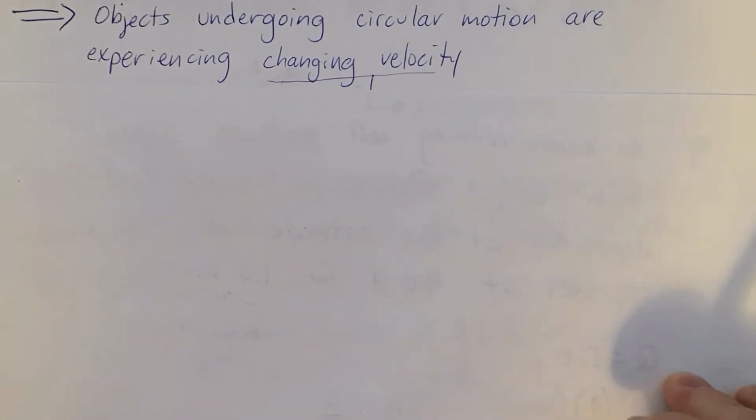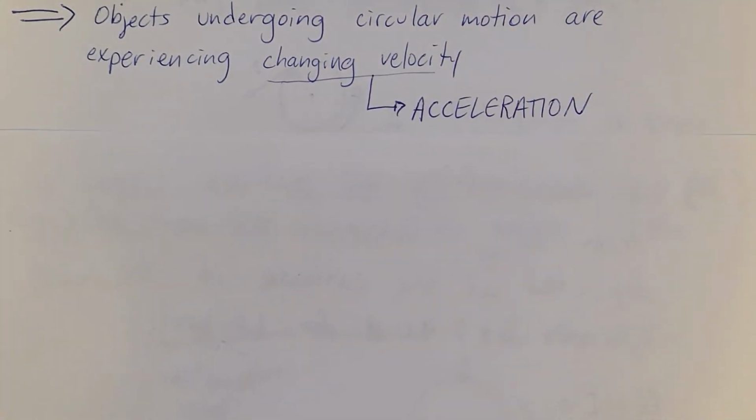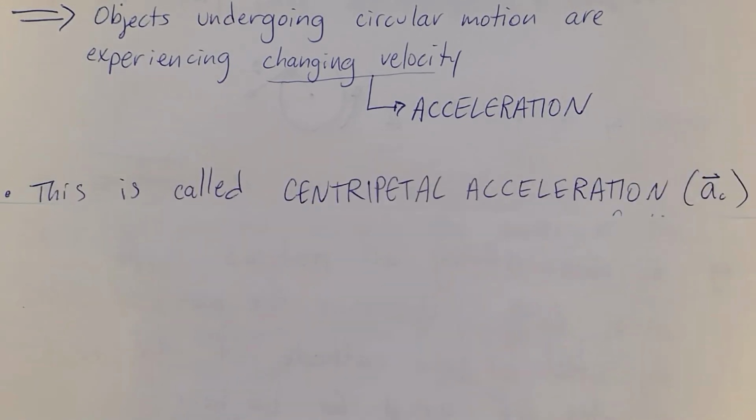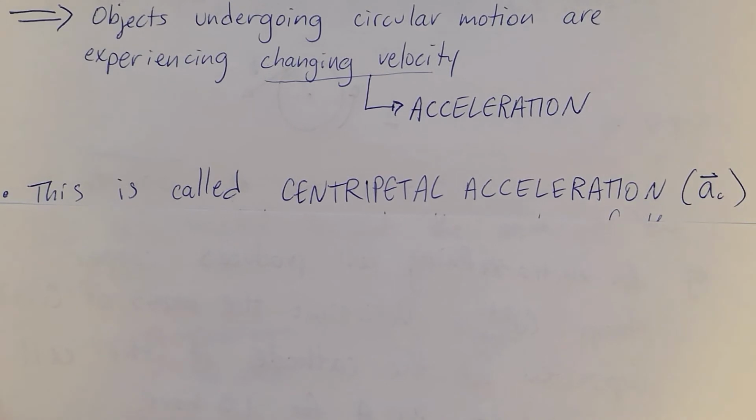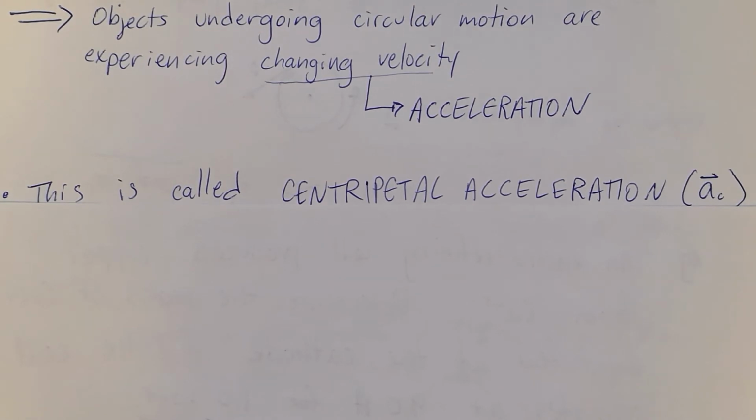Now we have a fancy word for that. Changing velocity is acceleration. When something's moving in a circular path, you call that centripetal acceleration. So even though the speed doesn't need to change, the changing direction means there is acceleration.